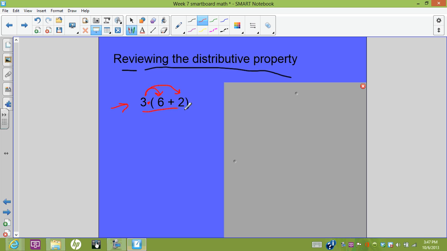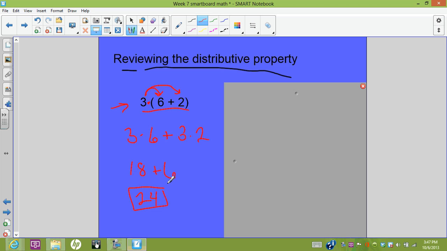So in reality, this expression can be written as 3 times 6 plus 3 times 2. Notice the 3 goes to both numbers in the parentheses. This would then simplify to 18 plus 6, which would take us farther to 24.